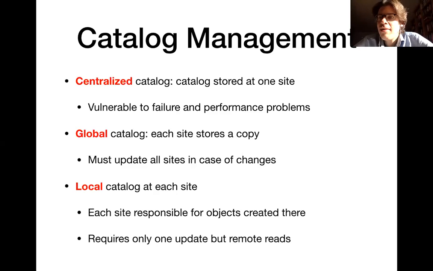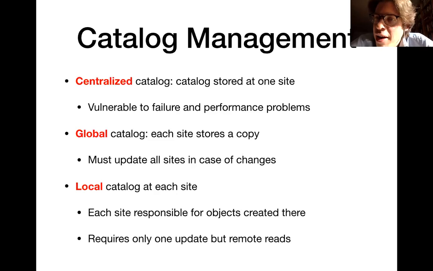And here we typically say that whatever site has loaded or created a piece of data will store information about it locally, even in the case that later this relation is, for instance, replicated to other systems. Nevertheless, for each piece of data, there is one site that is responsible for this piece of data and keeps track of where all of the copies of that data are located in the system.